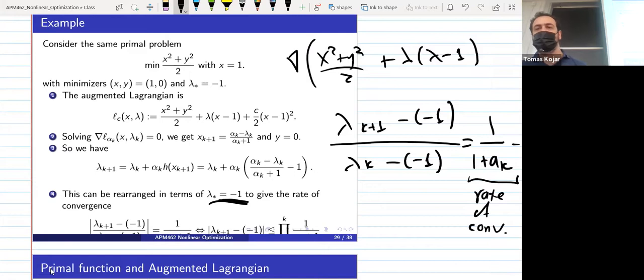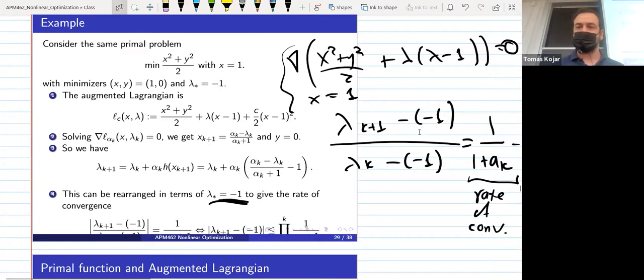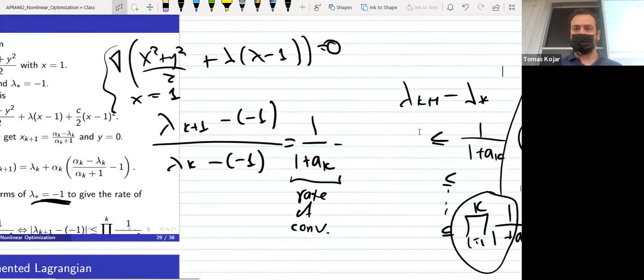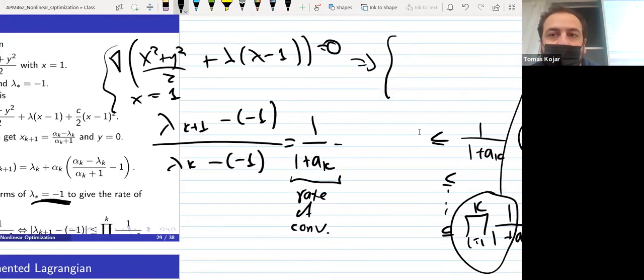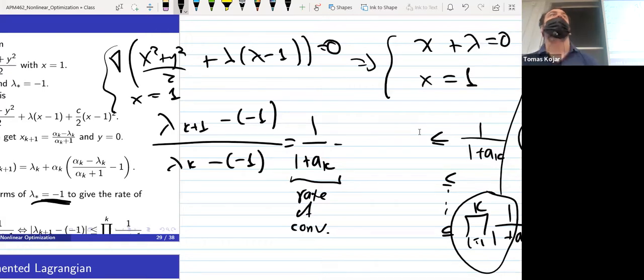You set this guy to 0, and you use your constraint. The first guy gives you, we talked about this last time, x plus lambda, right? And then x equals 1. And this gives you lambda equal to minus 1, x equal to 1.